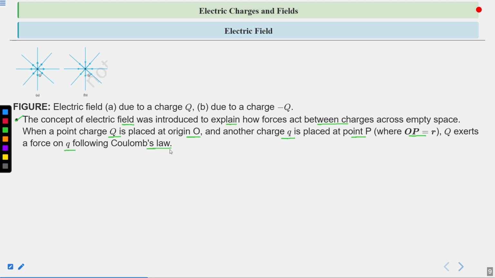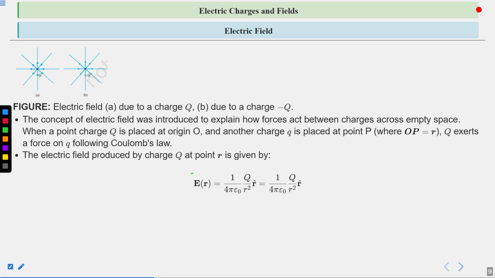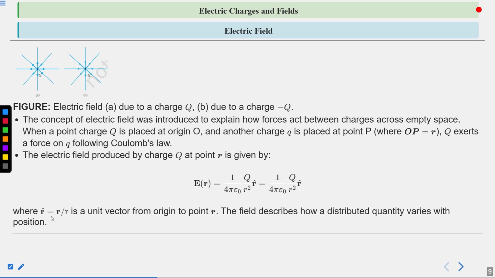We already learned Coulomb's law in previous lectures. So the electric field produced by charge Q at point r is given by E of r is equal to 1 upon 4 pi epsilon naught Q divided by r squared r cap, where r cap is a unit vector. In simple form, it is r vector divided by the magnitude of r, the unit vector from origin to point r.